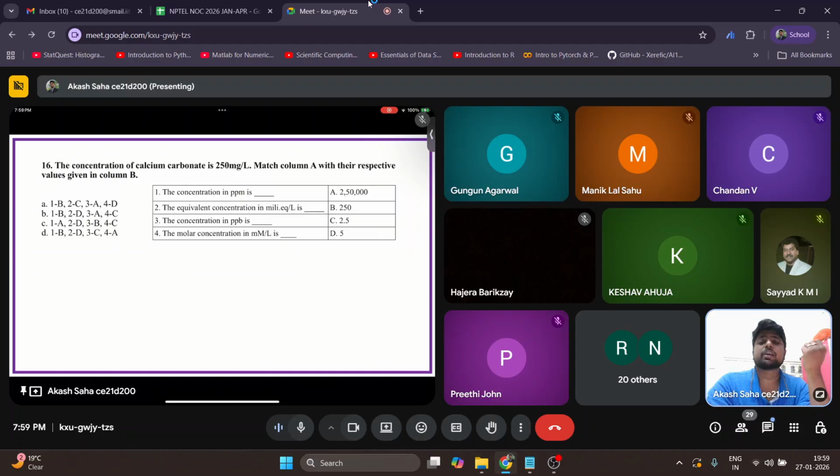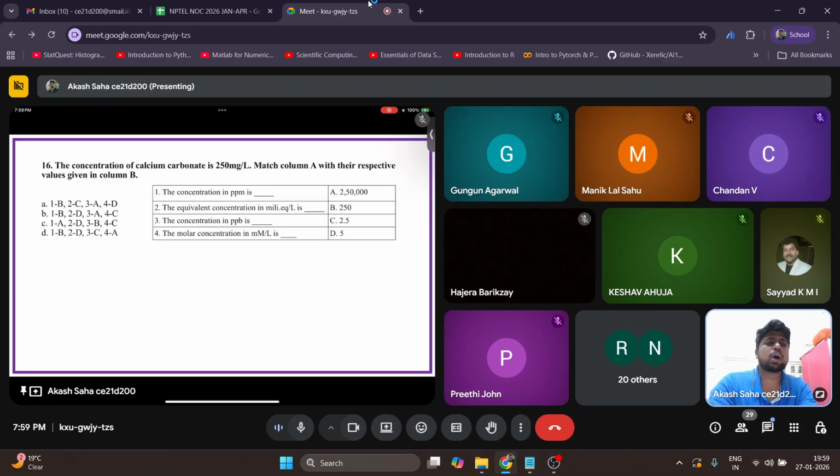Equivalent concentration in milliequivalent per liter? Concentration in ppb, that is parts per billion, or the molar concentration in millimolar per liter? The actual concentration that is given is 250 milligram per liter of calcium carbonate.